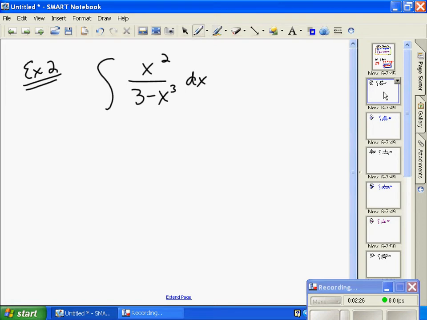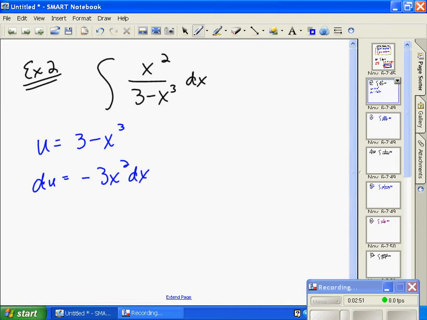Looking at this next integral, example 2, I have the integral of x squared over 3 minus x cubed dx. Again, I'm going to let u be equal to 3 minus x cubed. That's my denominator. So then the derivative of u is going to be negative 3x squared dx.